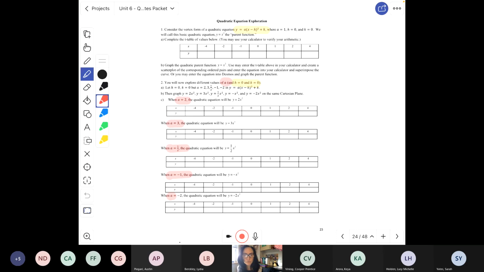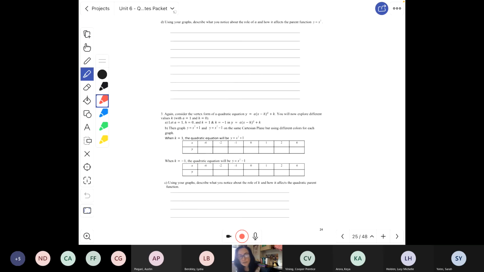Populate the table of values. You should notice some things changing, some things not changing in these tables of values. You are free to graph each of these, all of these different values of A in Desmos, and then talk about what you notice about how A impacts the parent quadratic function, y equals x squared.